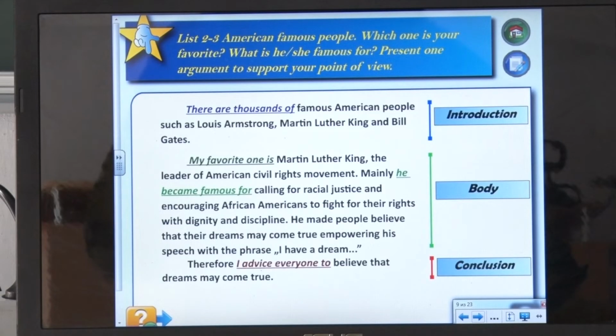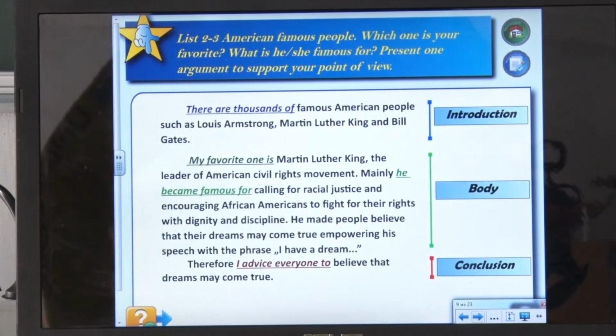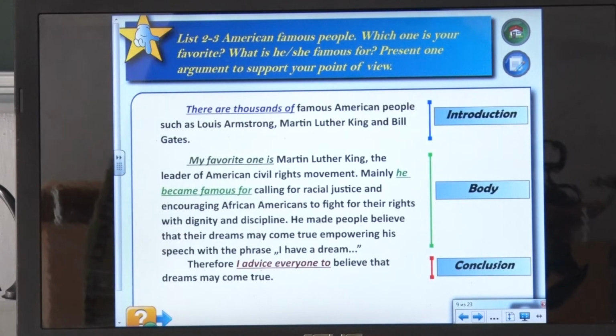In all of these 3 paragraphs, you can see that the student uses simple phrases. He uses in the introduction the phrase, there are thousands of. You can also write, there are plenty of, many of. In his body part, he writes, my favorite one is, because this word is required in the question of the topic.